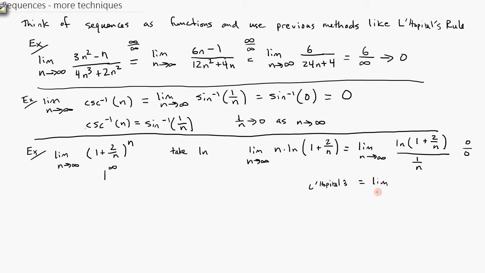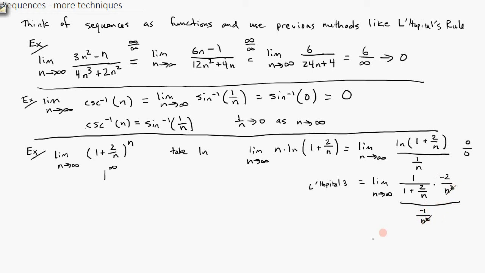L'Hopital's says this is equal to the limit as n goes to infinity. So the derivative of the top is 1 over 1 plus 2 over n, and then using the chain rule, the derivative of 1 plus 2 over n is minus 2 over n squared. And then in the denominator, the derivative of 1 over n is minus 1 over n squared.